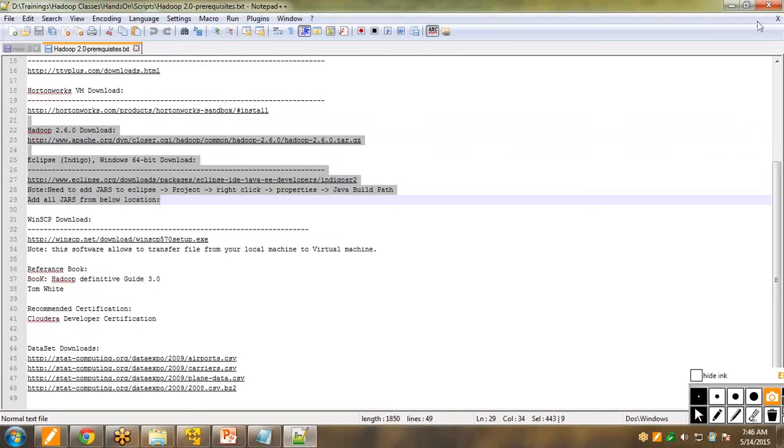Shall I put that in the chat? You should have it in the file, but just want to make sure that these two things you should have. Hadoop 2.6. This one is the Eclipse one. This is the Hadoop jars you should have. Oh, that I don't have, I think. Yeah, that's the reason I'm putting it here. Download these two. We'll start.